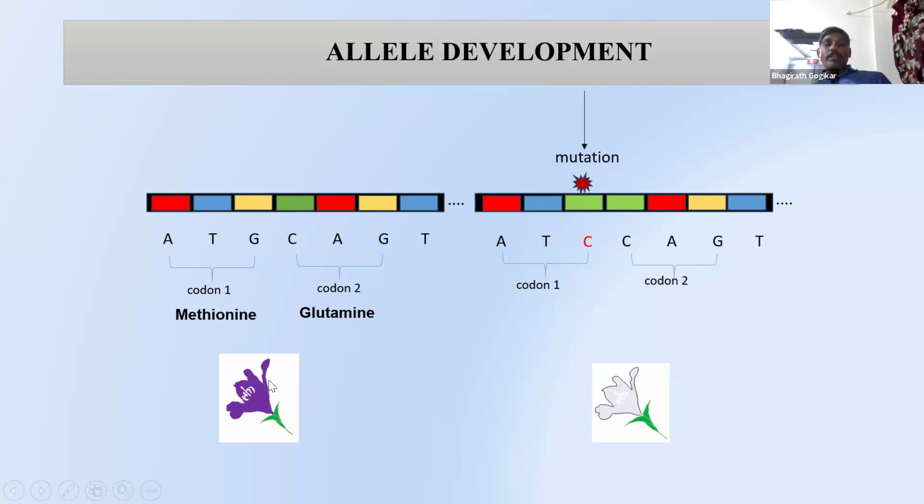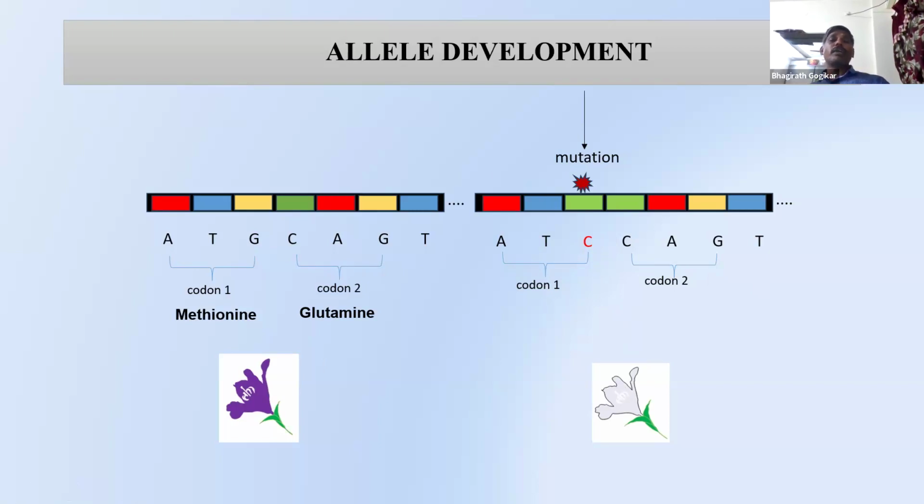So here the flower color is purple. But here, G is replaced by C, so the codons cannot synthesize the particular pigment. That's why this flower is white.